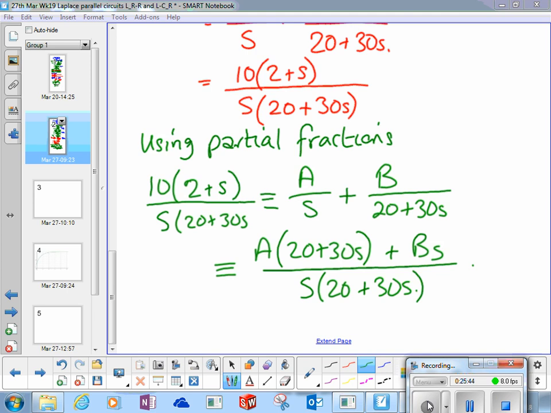Agreed? No dissenting voices. Now what can we do? Equate numerators.